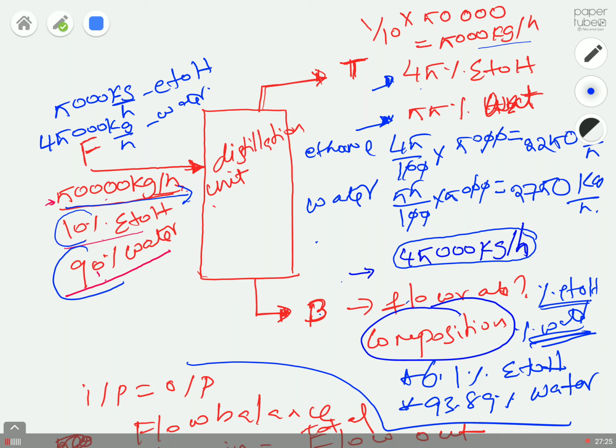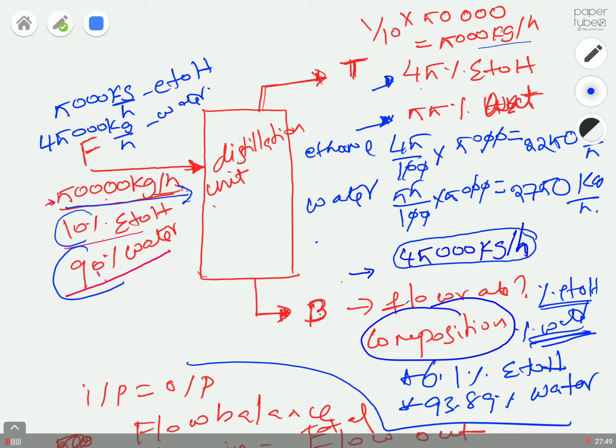In fact, the only theory you have to remember is that mass cannot be destroyed, mass is conserved. You apply that theory and some common sense. Say I have an input stream, and somebody says 10 percent of that input stream is ethanol.